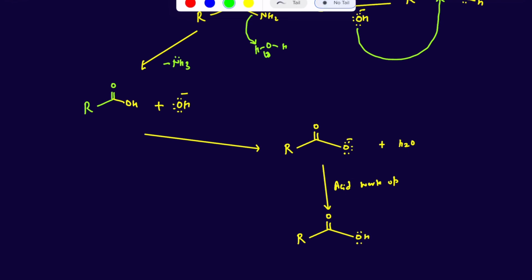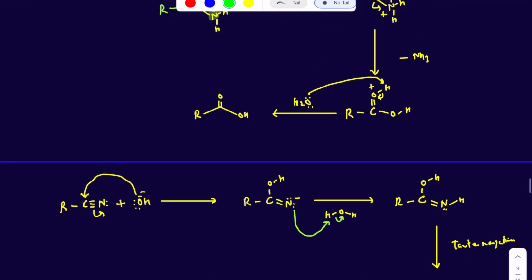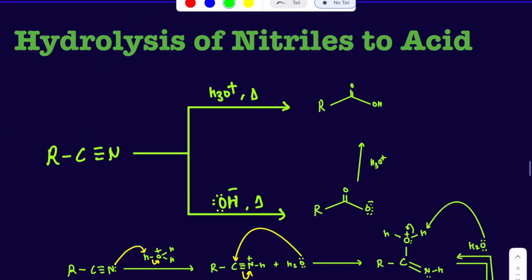If you're not using the acid workup, you can just leave it in the form of carboxylate. That would be true whether you're doing the hydrolysis of nitriles, amides, or even esters. If you're doing a basic hydrolysis and don't follow up with the acid workup, you will just end up with a carboxylate. And right, this is going to be your hydrolysis of nitriles.